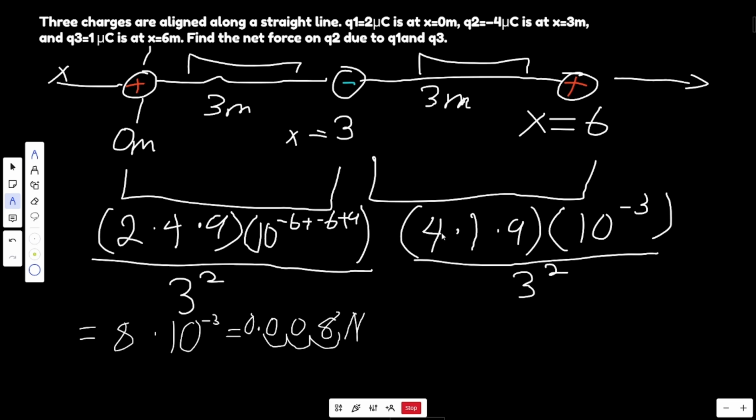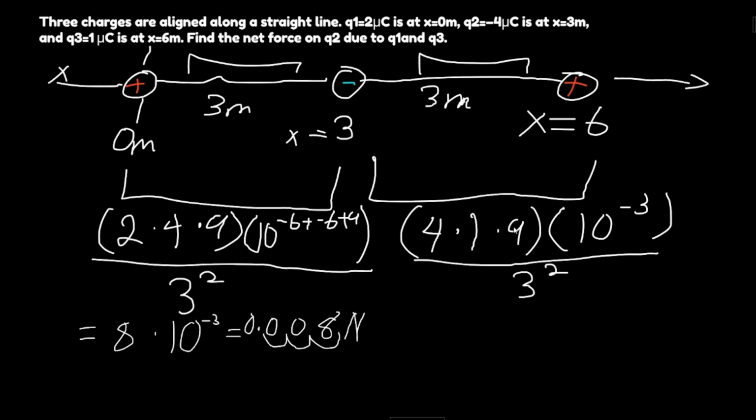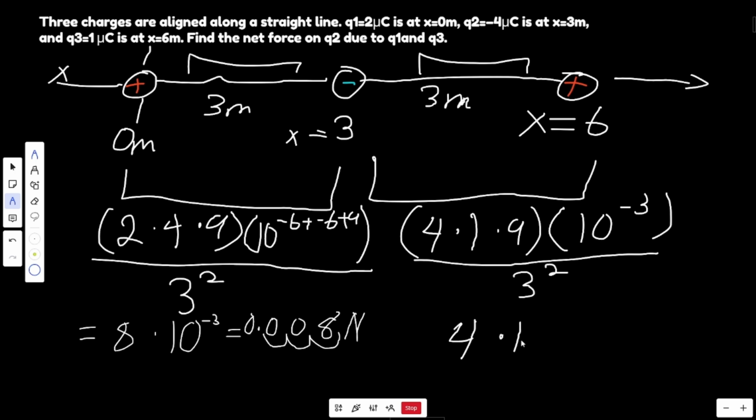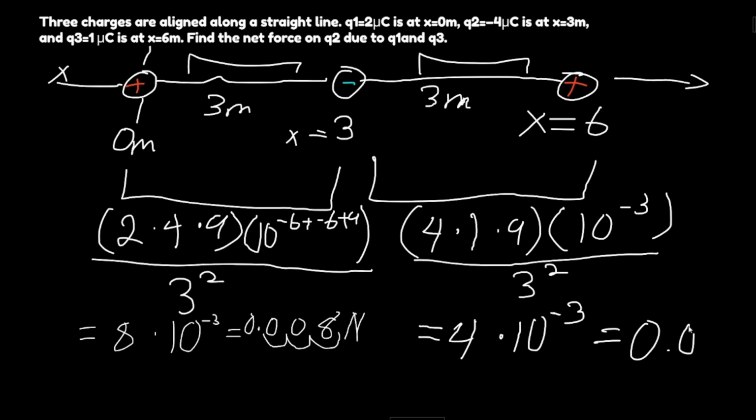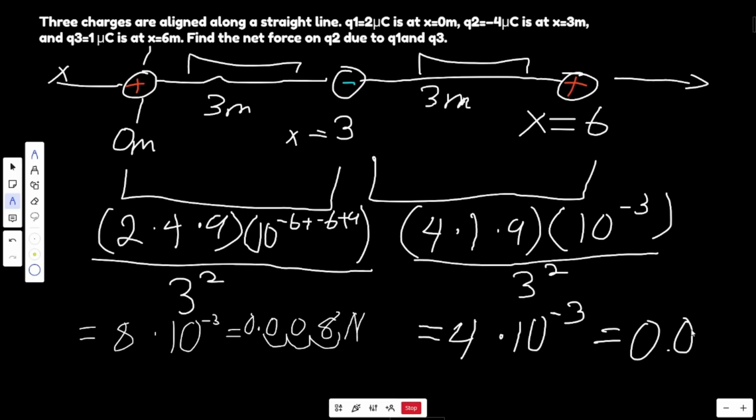So 3 squared. 4 times 1 is 4 times 9, that's 36. Over 9, 36 divided by 9 is equal to 4. And that's times 10 to the power of negative 3, or 0.004 newtons.